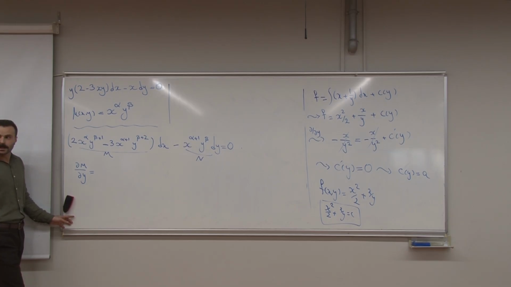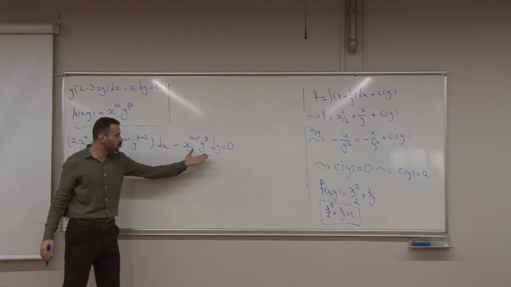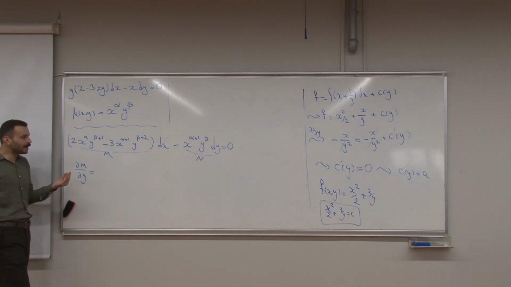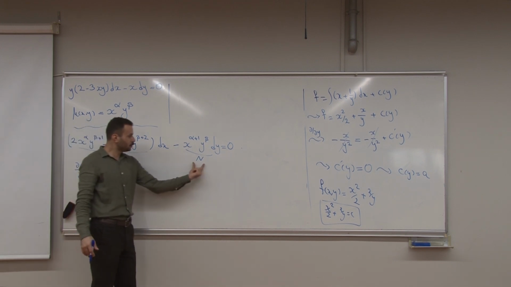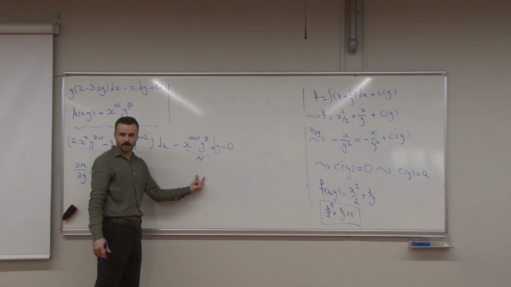And since we assume that it is an integrating factor, it means that I'm getting an exact equation. So my assumption is that this is an exact equation. And what is the meaning of that? This derivative must be equal to N's partial derivative with respect to x.